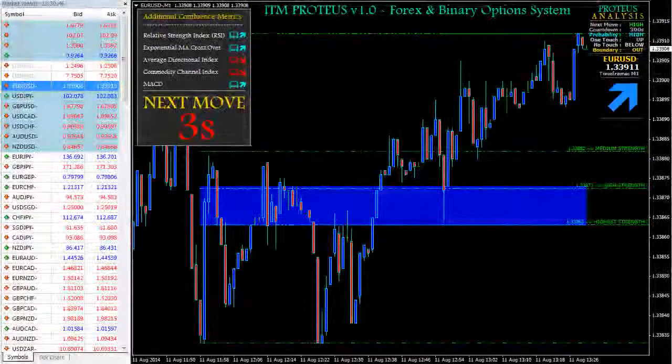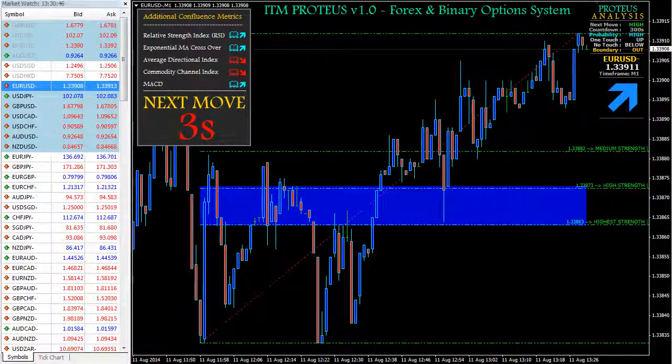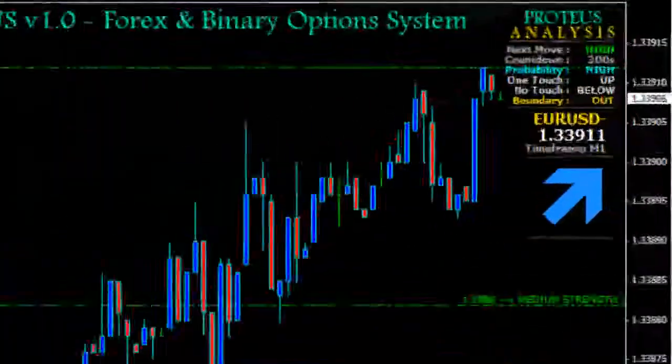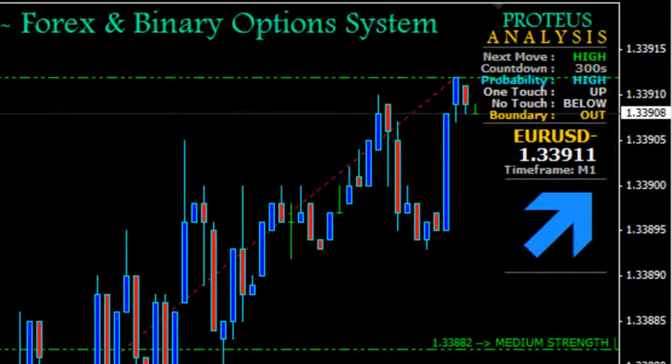So what you're looking at is Proteus giving you very clear-cut, concise instructions. You have a large blue arrow pointing in the projected direction. You also have a probability factor that's much easier to read as compared to, say, numeric probabilities of 67, 62, 78, 79. Gets a bit tedious when you're in the zone, you're trading, you're on the market.